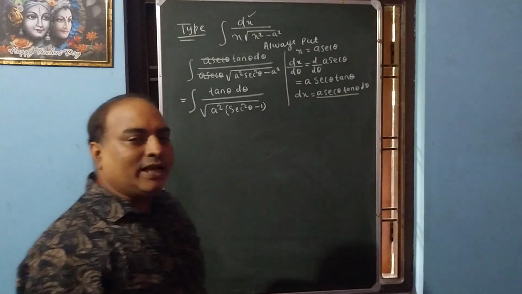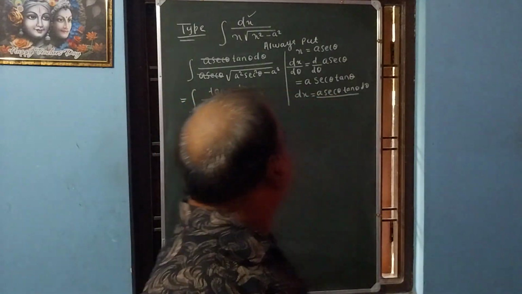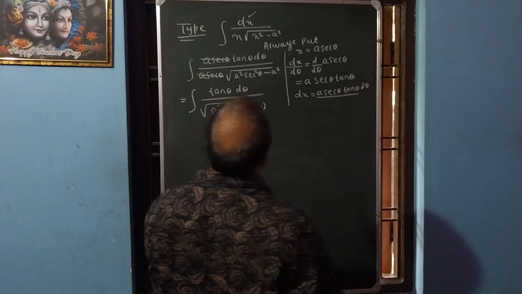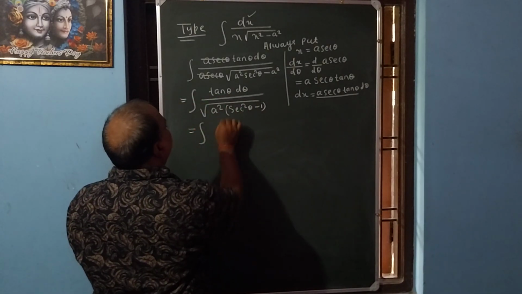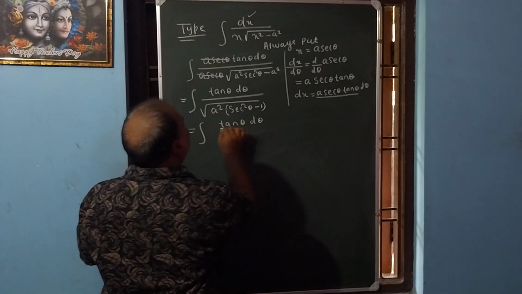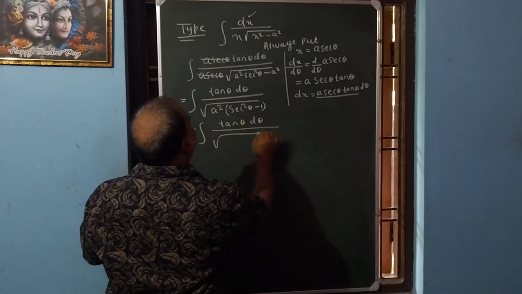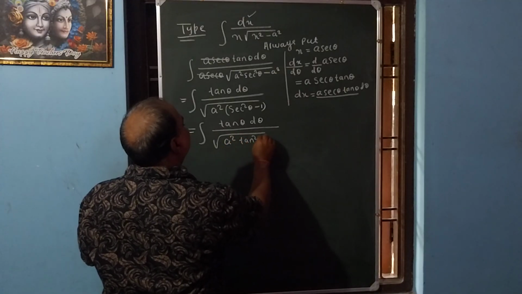We know that sec square theta minus tan square theta is equal to 1, so sec square theta minus 1 is equal to tan square theta.